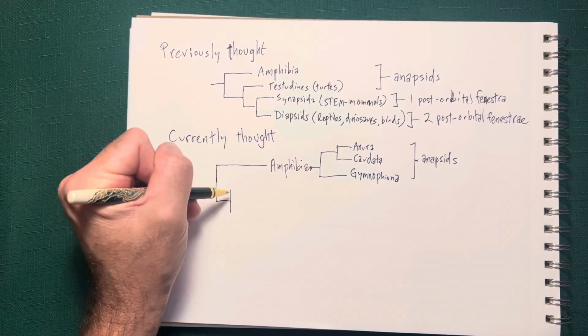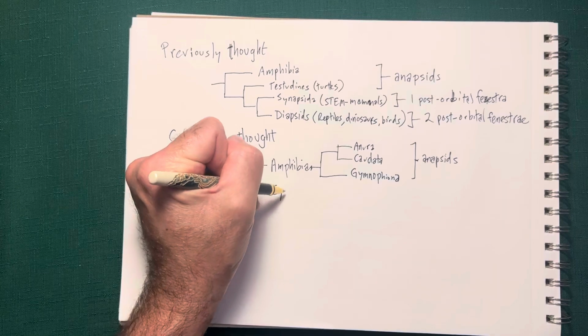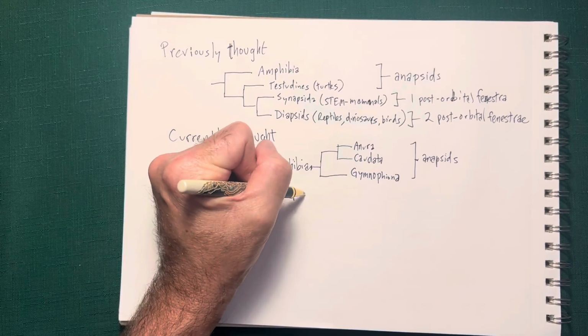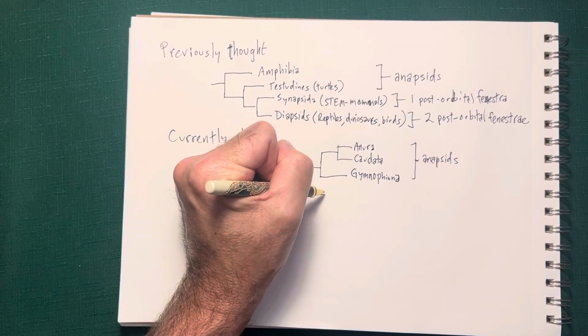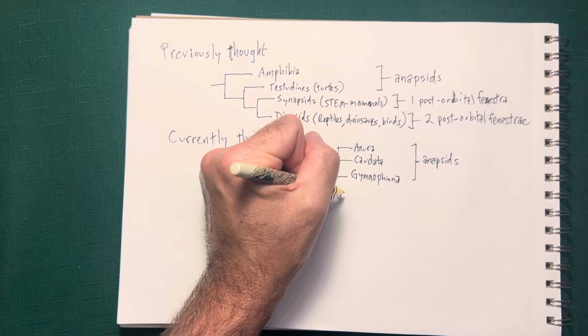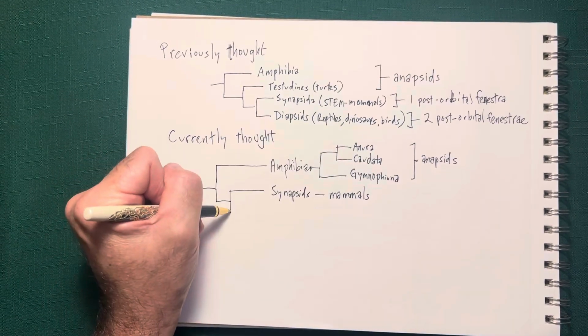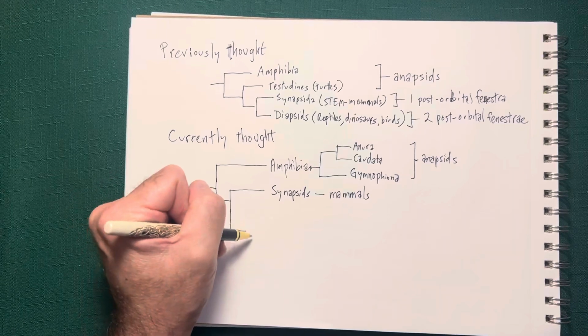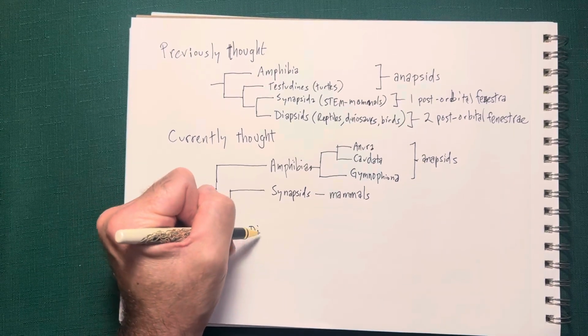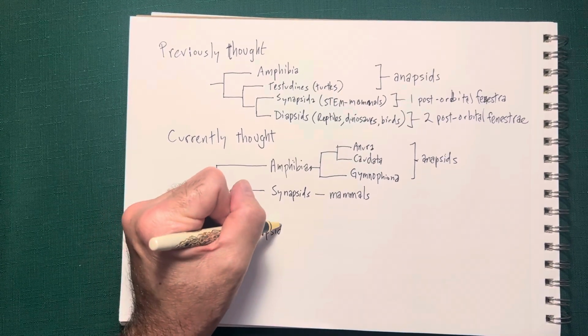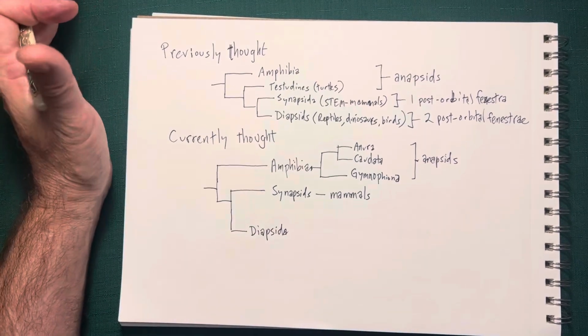But now we think that synapsids, which again became mammals, or are still living synapsids, are all mammals, and the evolution of the diapsida is a bit different.